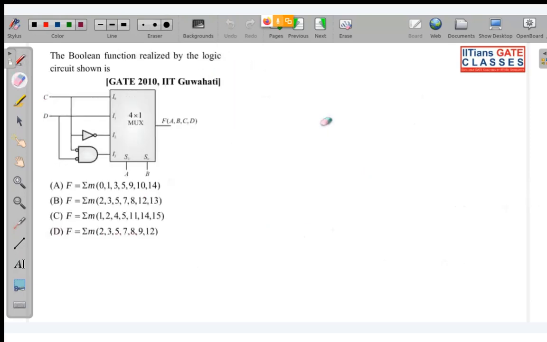Now next, solve this question very quickly. I want you to solve this question. See, a bubble in the input means that it is complemented, a bubbled input. Okay, complemented input. Very quickly tell me what will be the answer.